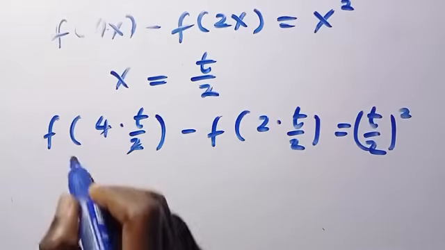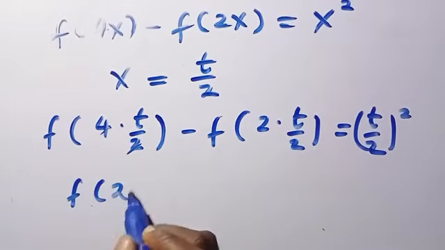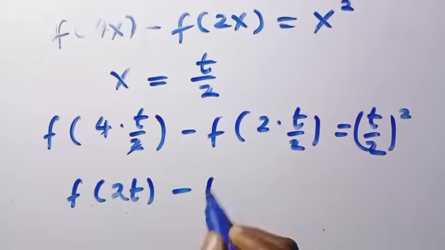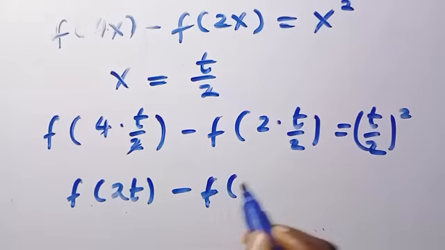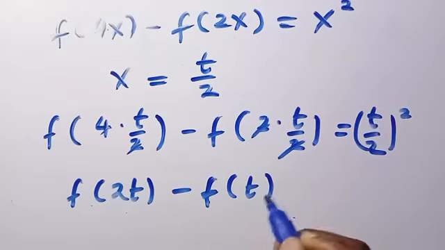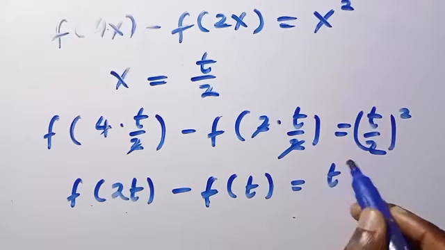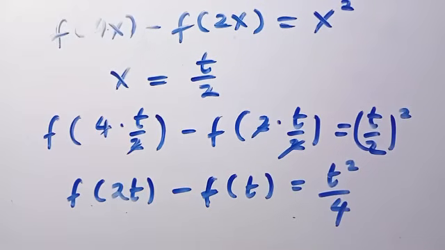To reduce this, we have f of 2t minus f of t equals t raised to power 2 divided by 4. So here we have f of 2t, which resembles the original equation, and it follows the same pattern as the first one.